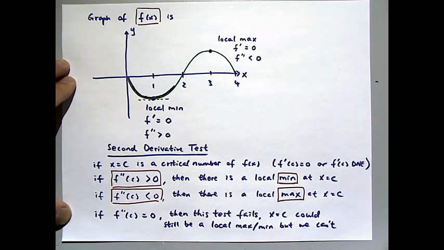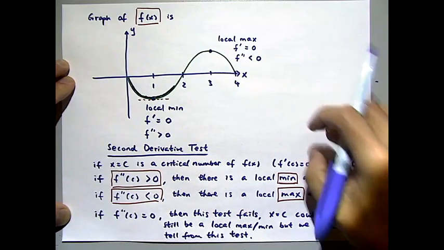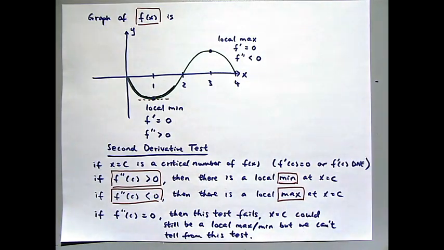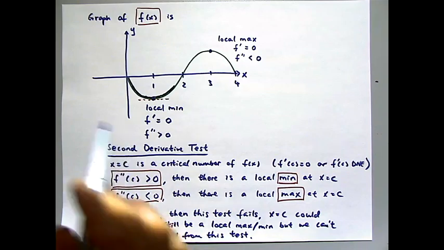That location could still be a local maximum or minimum, but we can't tell from this test. And when that happens, you'll go back to the first derivative test that we learned last time to look at the slope before and after each one.